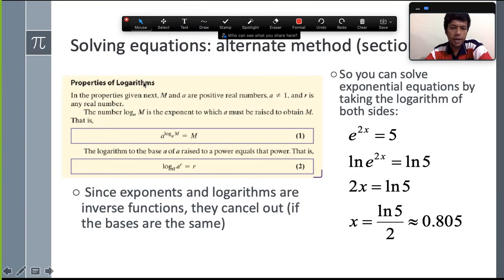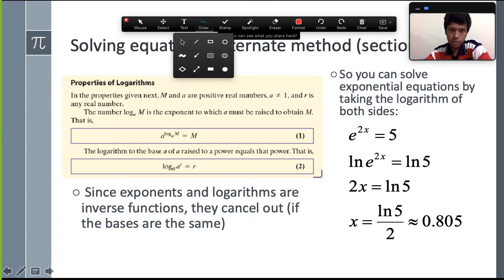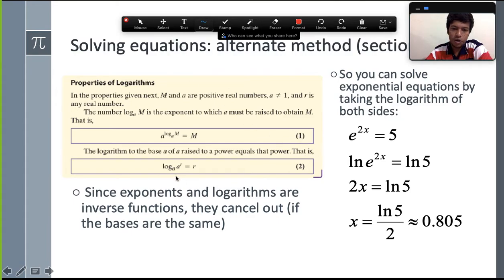Here we have a little bit more. One of the formulas you have already seen here: log a base a to the power r equals r. This formula we already slightly talked about. This is a formula.